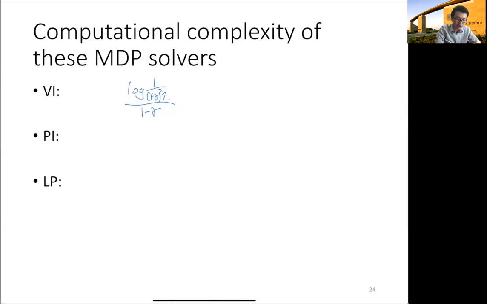How about every iteration? In every iteration, the time complexity is proportional to the square of the state space multiplied with A. This is really the application of the Bellman optimality operator, right? That's the iteration complexity to get the epsilon accurate solution.